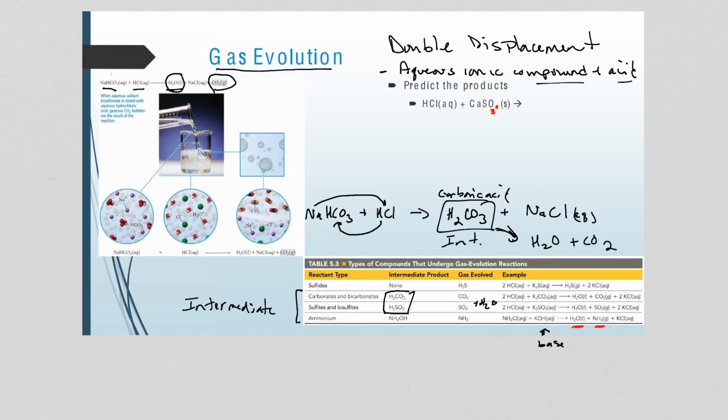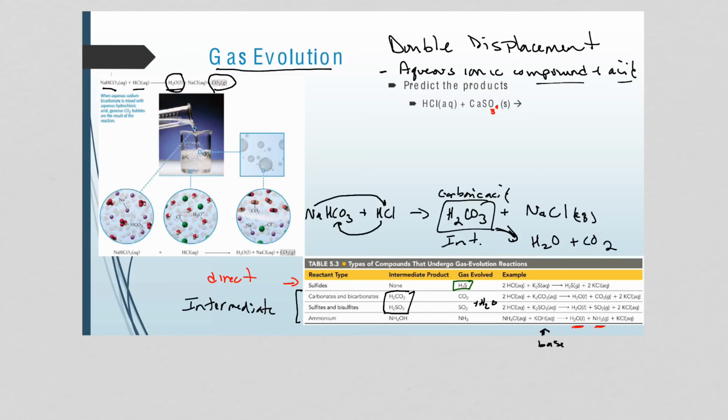Now, the other kind of gas formation reaction is a direct formation. And this occurs when we react a sulfide, like K2S, potassium sulfide, with an acid, and we get direct formation of dihydrogen sulfide, or hydrogen sulfide gas, H2S, again, along with an aqueous ionic compound.